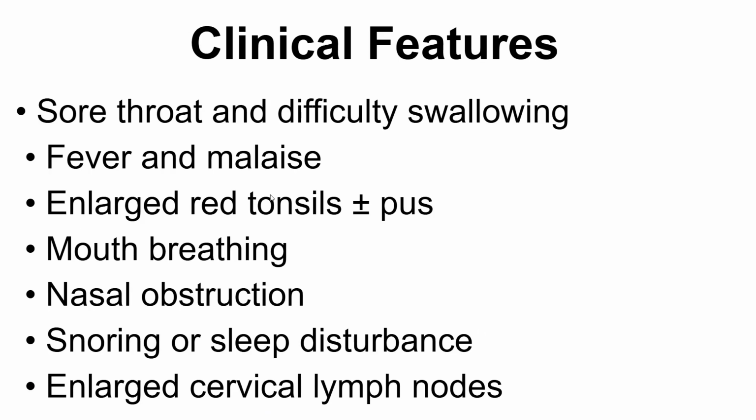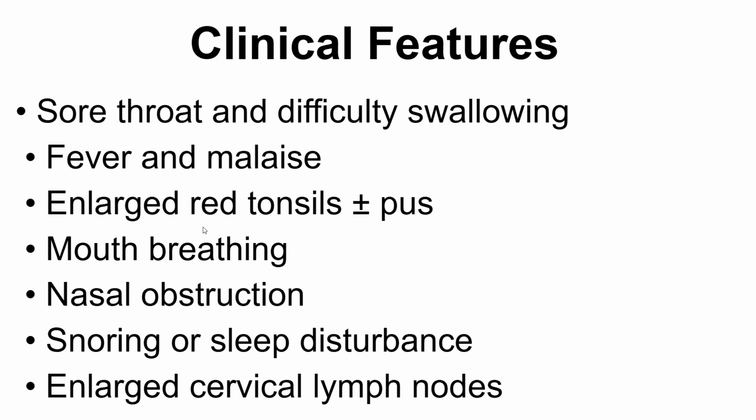Clinical features. Clinical features can be sore throat, difficulty in swallowing, which is termed dysphagia, and fever. In case of infections, the very first symptoms to occur are fever and malaise, which is weakness, and the tonsils will be swollen, red, and sometimes there can be pus formation.